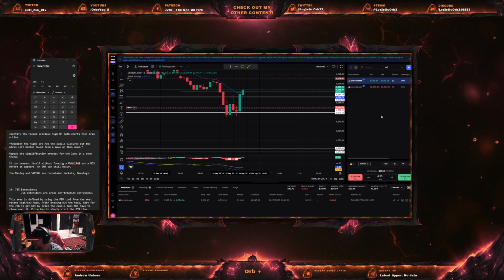This is a retest of said area. This would retest and then drop lower. Breaker block.